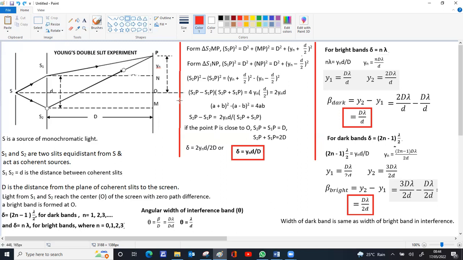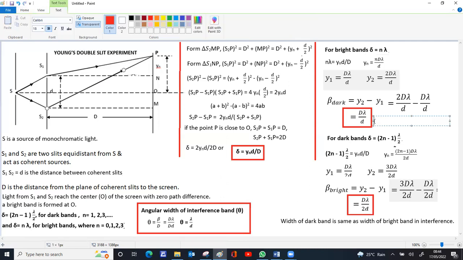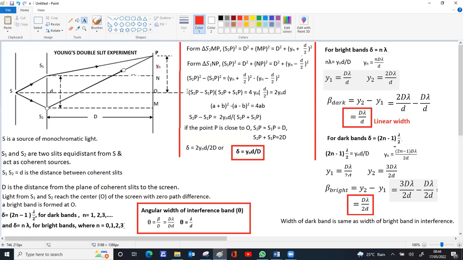So in this derivation, what we have done, the first part is for linear width. The second part is for angular width. D lambda by d is the linear width. This result is 2 times D lambda by d, that becomes just D lambda by d. 3 D lambda minus D lambda will be 2 D lambda by 2d, it becomes D lambda by d.